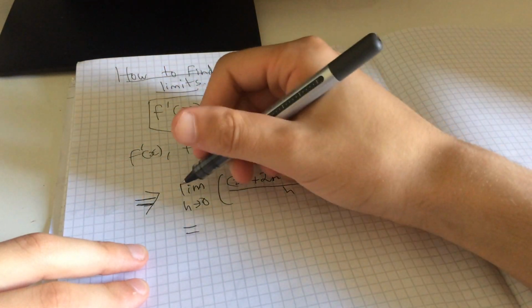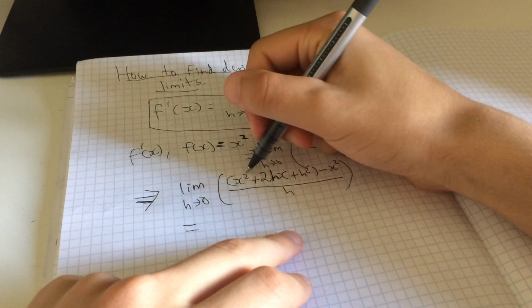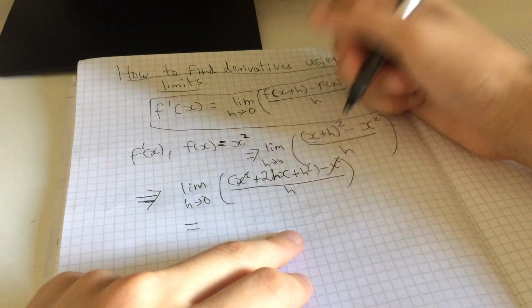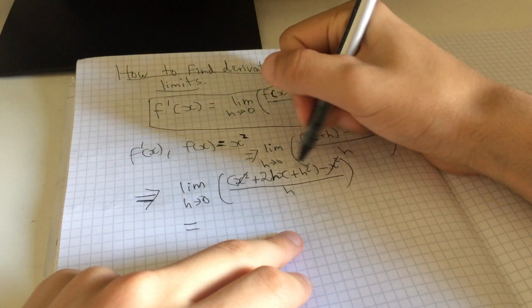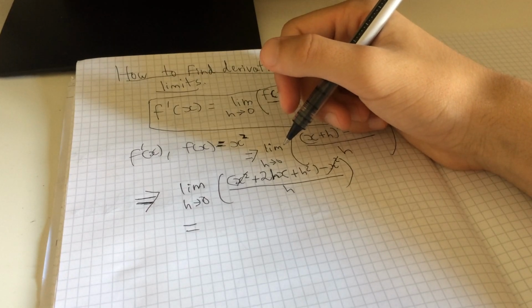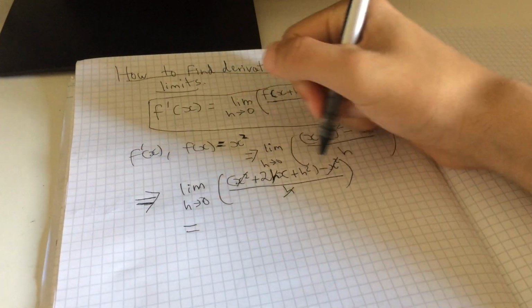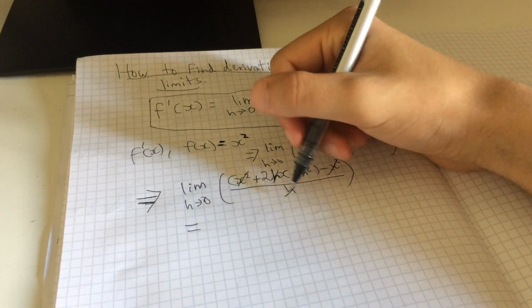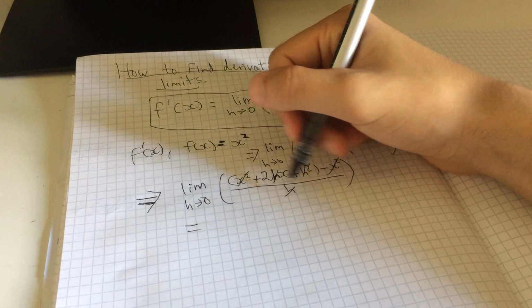Then, even regardless of the limit expression, we know that x squared and minus x squared cancel out. And if we have terms which are basically multiples of h, then we can cancel h out as well, to form a nicer expression with no h's in the denominator.